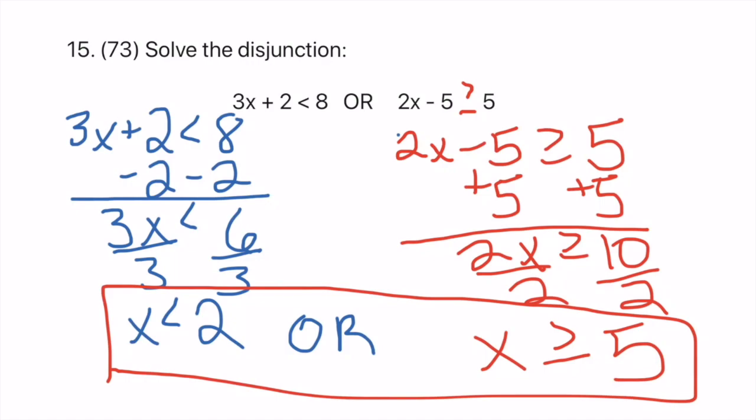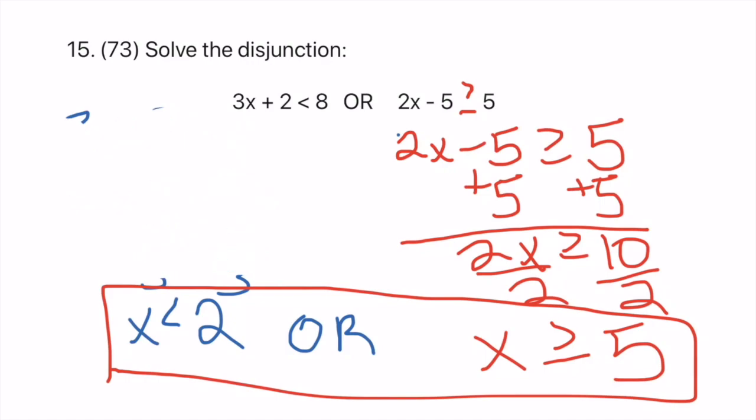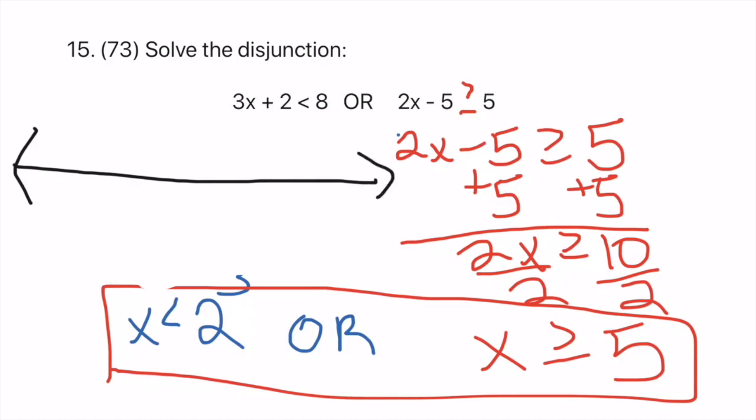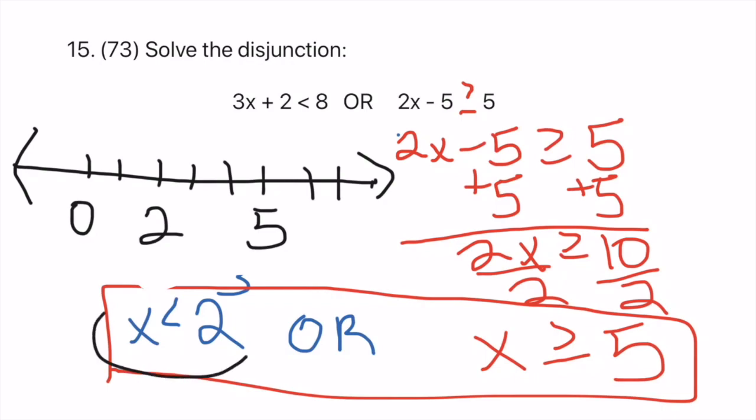But now I'm going to erase just this side so I have room for a number line. We need to graph this. Now this is a disjunction, or an or problem, so I already know that my arrows are going to be pointing in opposite directions. So we have 0, 1, 2, 3, 4, 5, 6, 7, 8. So let's look at this one first. x is less than 2.